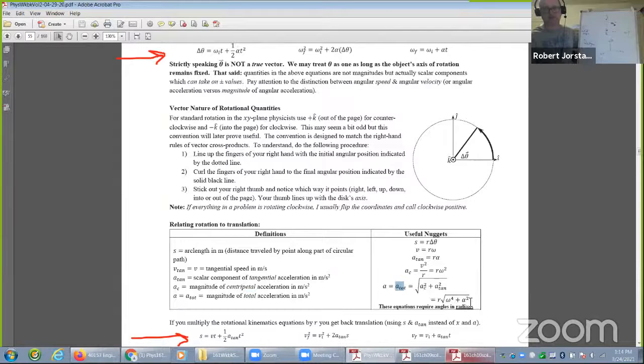You could get this direction here and you get these weird equations. And again, why do we have to use radians for physics? If you want the units to work out for these last equations like R omega squared, it only makes sense if you use omega in radians per second, not revolutions per minute. So that's another reason we have to deal with radians. Any questions about these things right now?